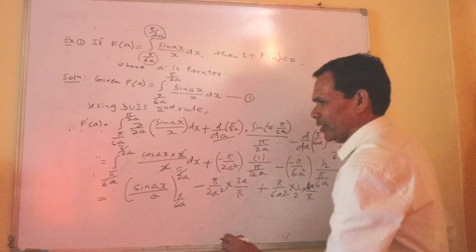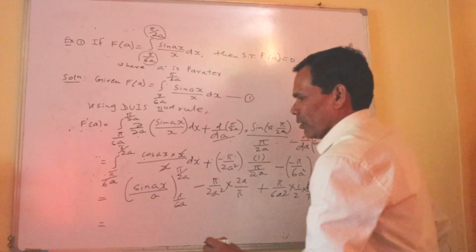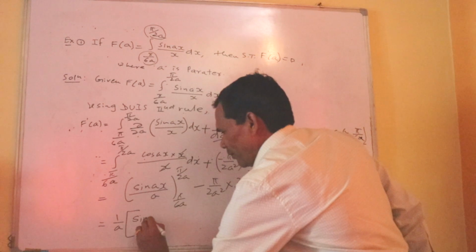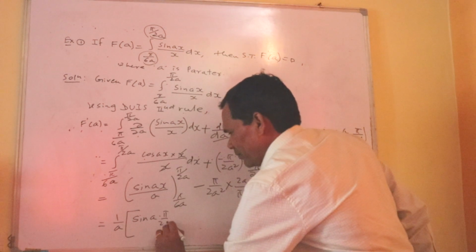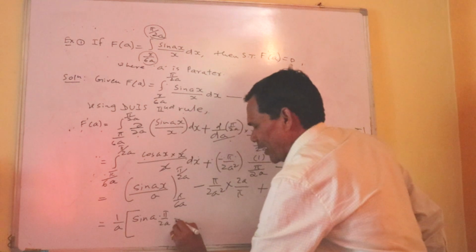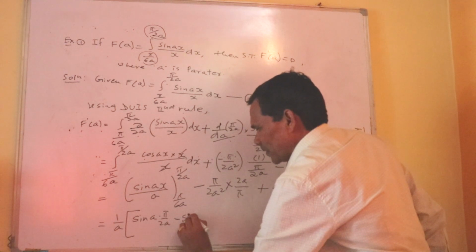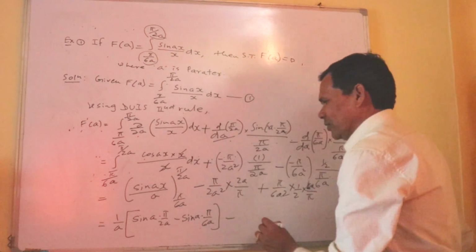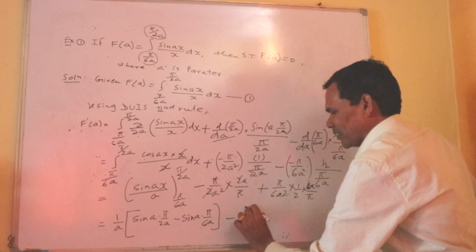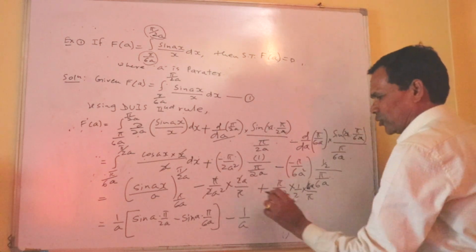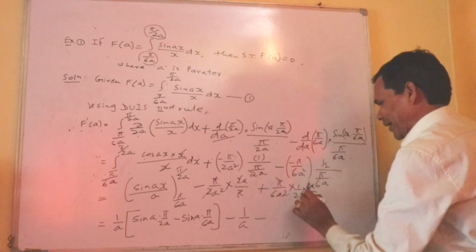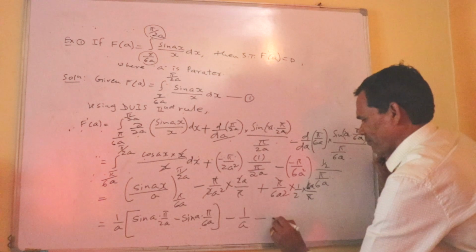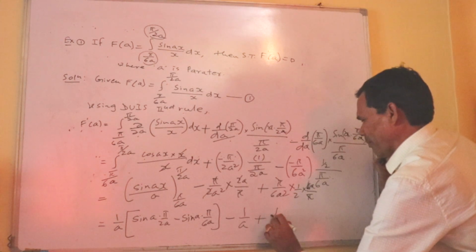So we simplify this further. This would be something like 1 upon a, we apply the upper limit, sin of a times pi upon 2 times a, where x is replaced by the upper limit, minus sin of a times pi upon 6 times a, minus 1, as the 2 gets cancelled, pi gets cancelled, and a gets cancelled, and here also pi gets cancelled, 6 gets cancelled, you are getting this as minus 1 plus 1 upon 2.